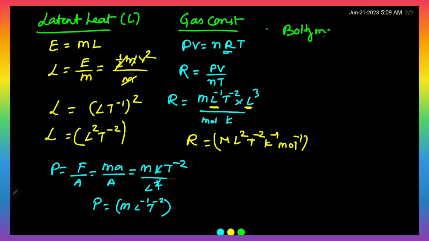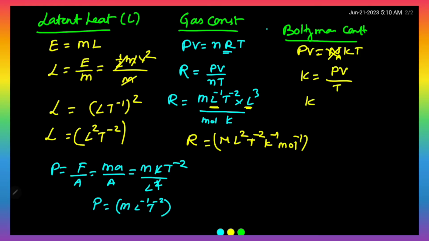Next, what is the dimensional formula for Boltzmann constant? For that, we can take it like this: PV is equal to NkT. N means Avogadro number. For a number there are no dimensions, so k is equal to PV by T. What is PV here?